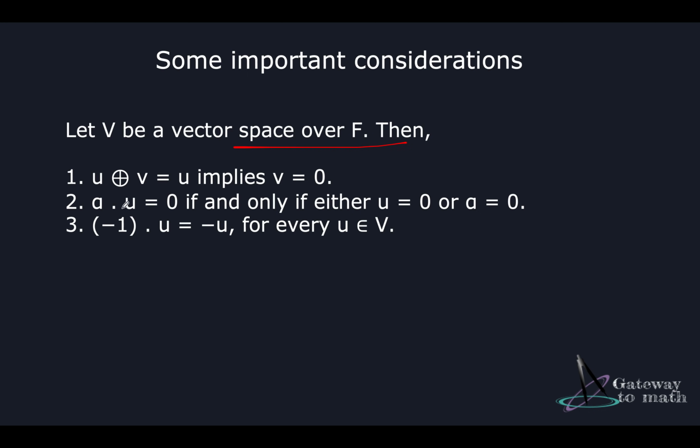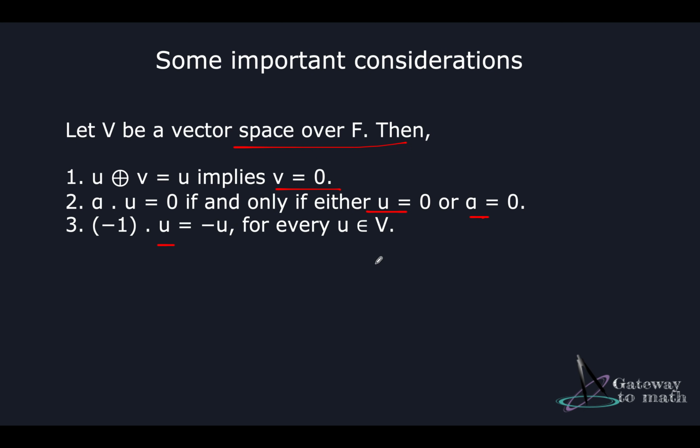The first one is U plus V equals U, which means that V is 0. If A dot U equals 0, that is when you multiply the two and you get a 0 vector, it's only possible if either your vector U is 0 or your scalar is 0. And when you multiply -1 with your vector, you get the negative of the vector.